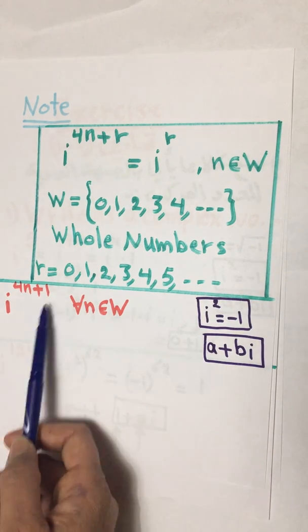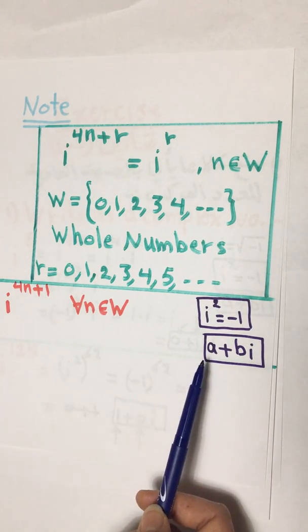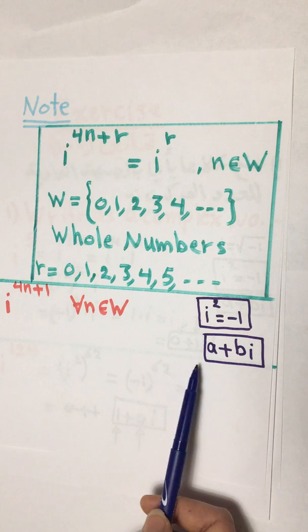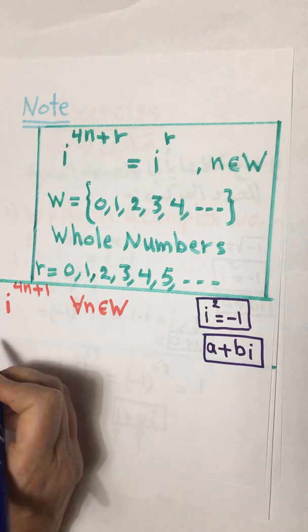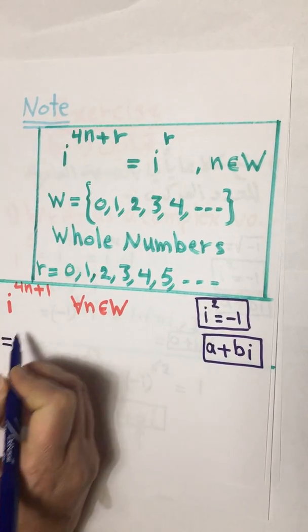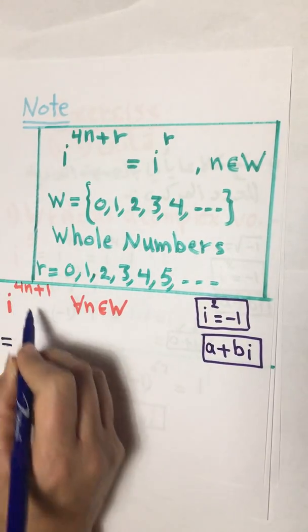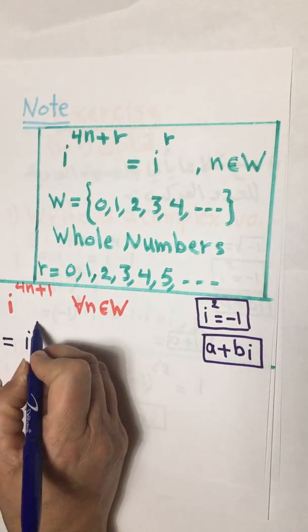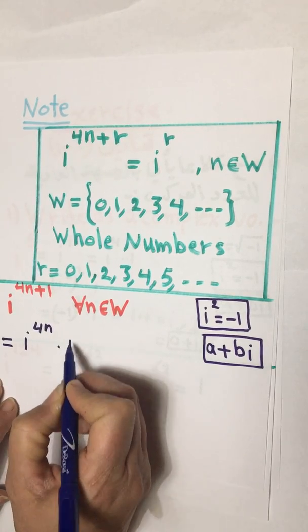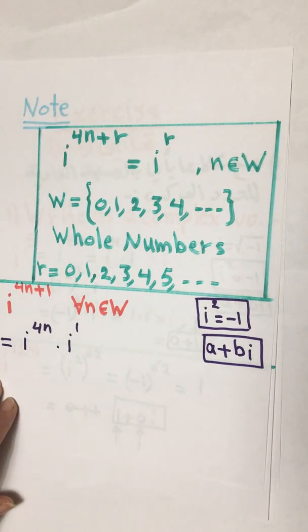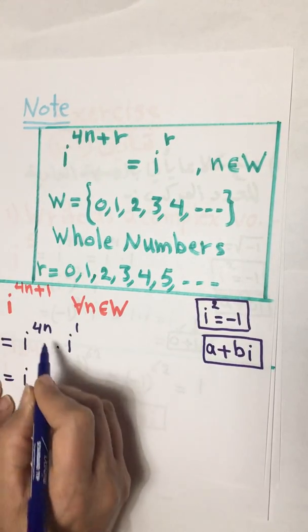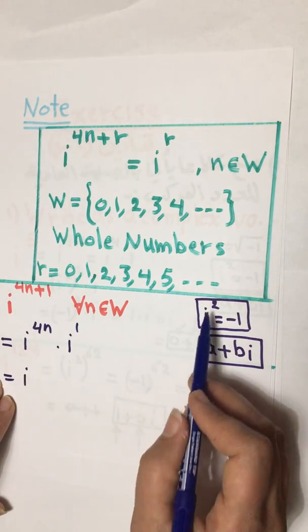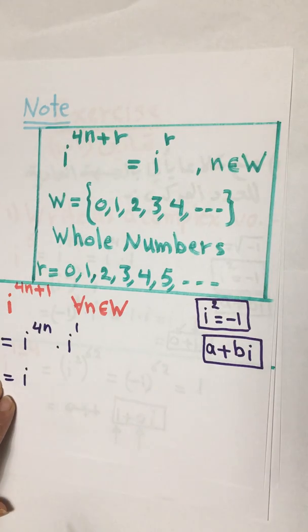I have to convert this number to a complex number A plus BI. I'm going to split the power: I to the 4n times I to the power 1. I have to write I to the 4n as I squared raised to another power.